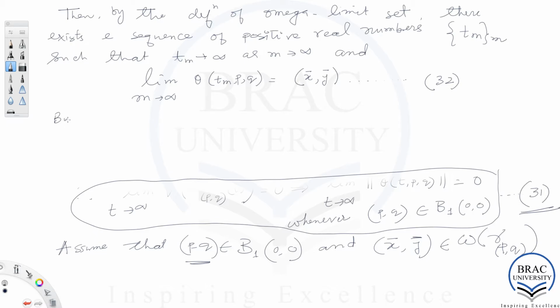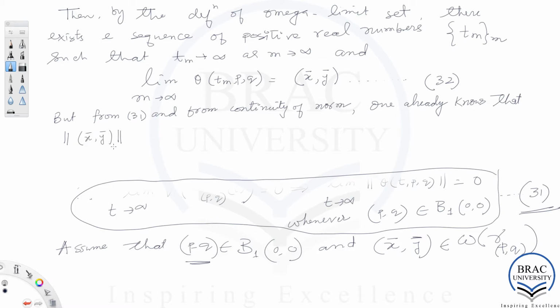Now, from 31 and from continuity of norm, one already knows that the norm of this vector x bar y bar is equal to the norm of, let us replace x bar y bar with this limiting expression from 32, and I can take the limit outside as norm is continuous.